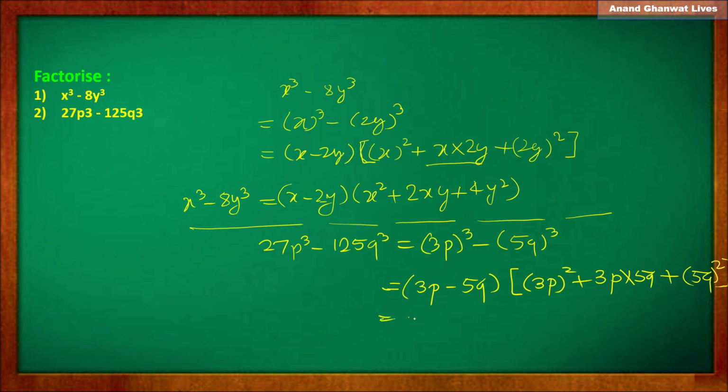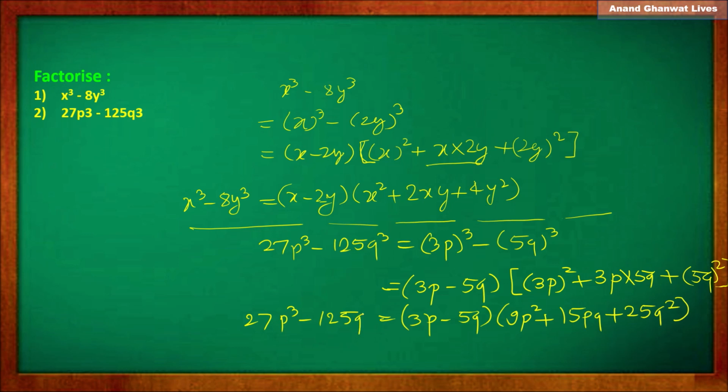It is equal to 3p minus 5q and into another bracket square of 3p, that is 9p square and plus 15pq plus 25q square. So these are the factors of given algebraic expression 27p cube minus 125q cube.